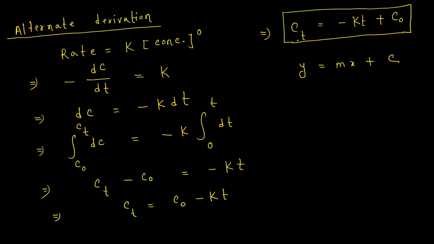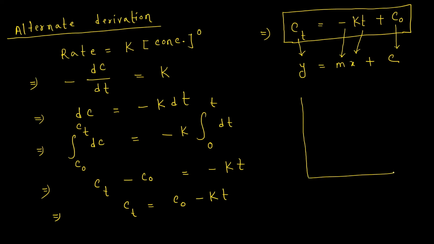So this Ct is our y, this C naught is our c, that means our y-intercept, and t is our x, and the slope of the straight line will be minus k.